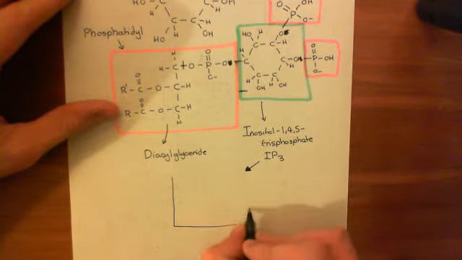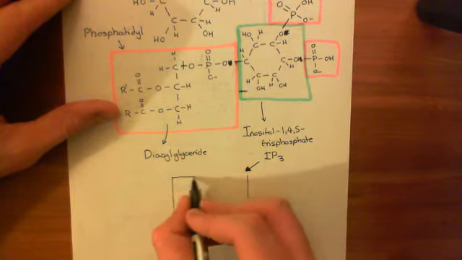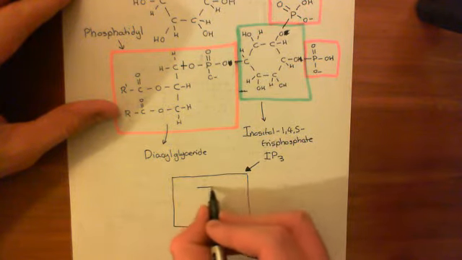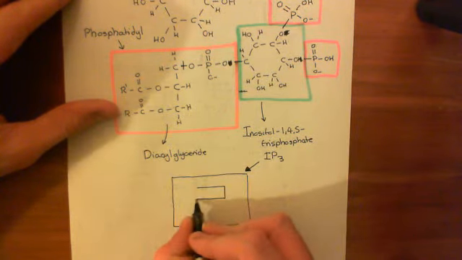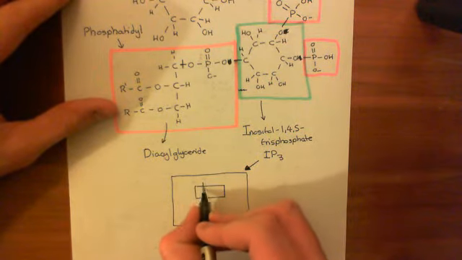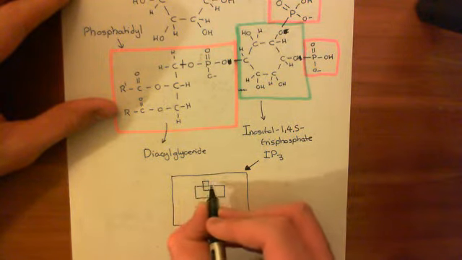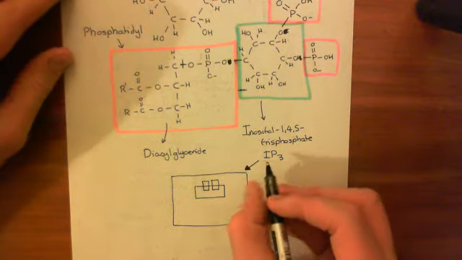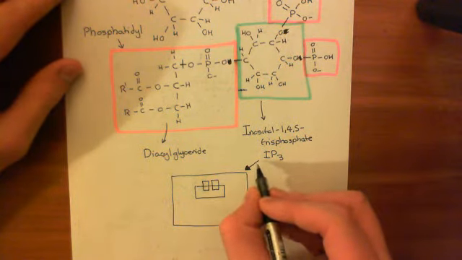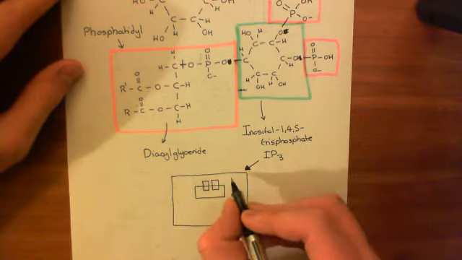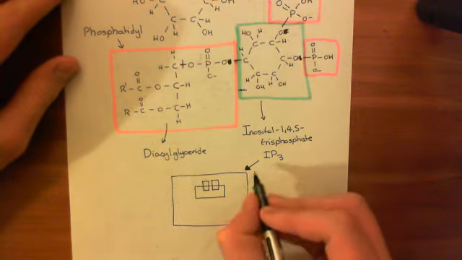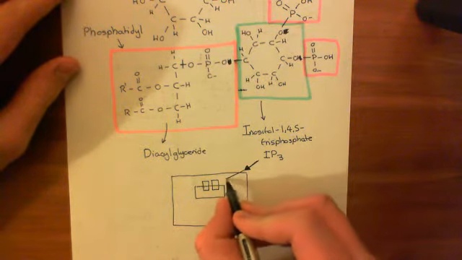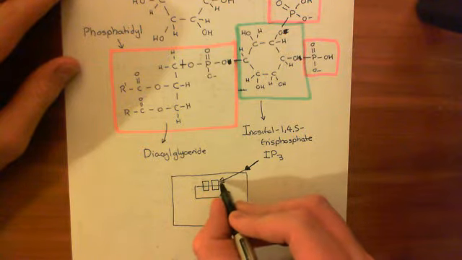So if this is the whole cell here, and we draw the endoplasmic reticulum as an organelle within this cell, then there is a receptor in the membrane of the endoplasmic reticulum known as the IP3 receptor. And when IP3 binds to it, it doesn't open. That's a misunderstanding. It doesn't open in response to IP3.